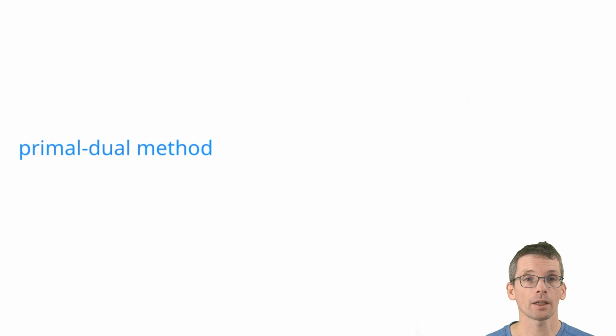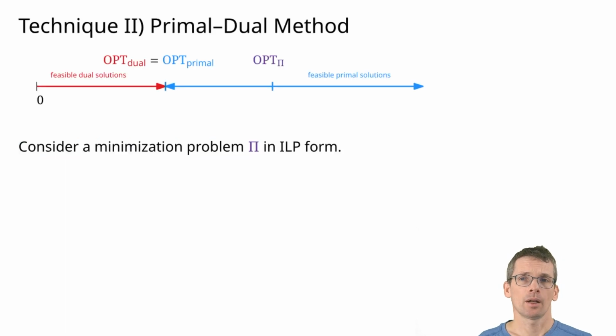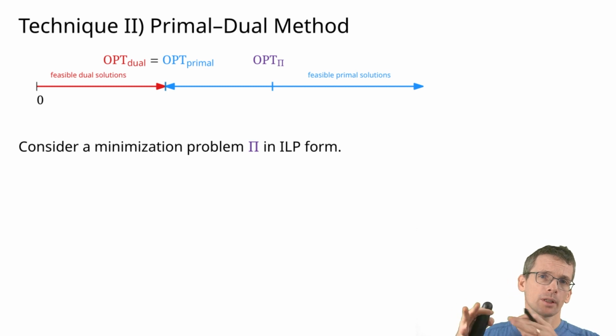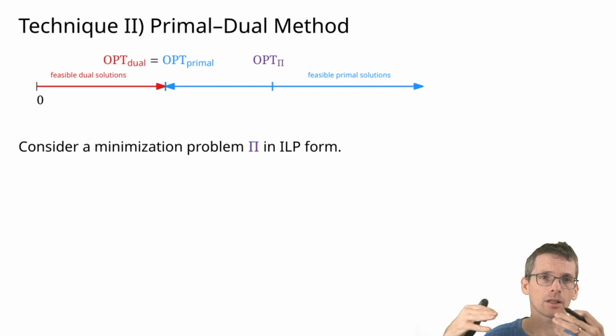So the technique we're going to look at is the Primal-Dual Method or Primal-Dual Scheme. Again, we have a minimization problem. All of this will also work for maximization problems, obviously, but my explanations are all for minimization problems. The idea is we start with a trivial solution. Typically we simply set all the y's and x's to 0.